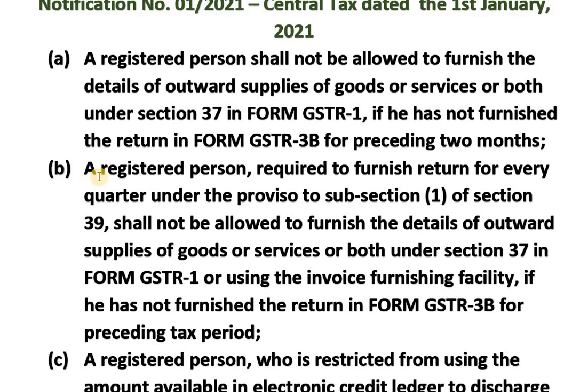The second provision is that a registered person required to furnish return for every quarter under proviso to sub-section 1 of Section 39 shall not be allowed to furnish the detail of outward supplies of goods or services or both under Section 37 in Form Gstr 1 or using the invoice furnishing facility if he has not furnished the return in Form Gstr 3b for the preceding tax period.